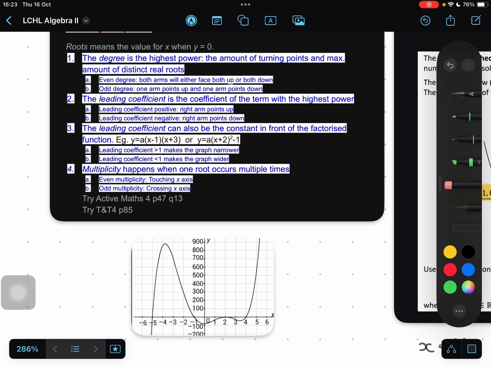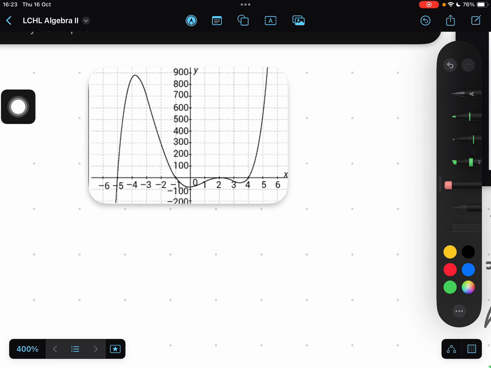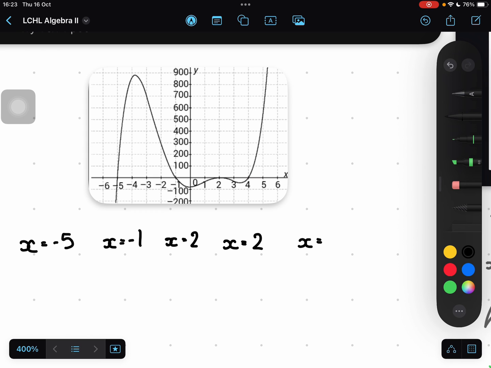If I was asked to find what function is represented here, I would write out all of my roots. So x was minus 5, x was minus 1, x was 2, x was 2, and x is 4.